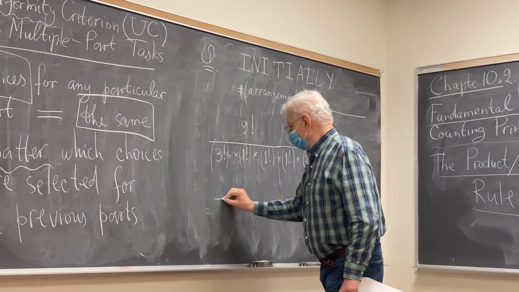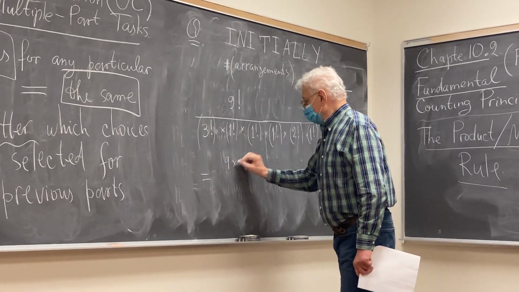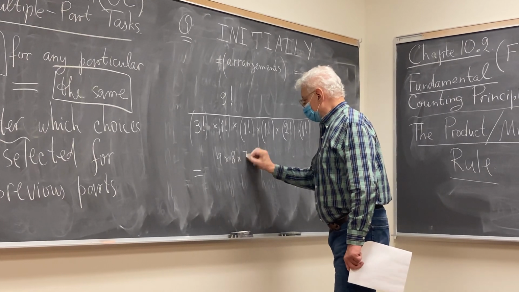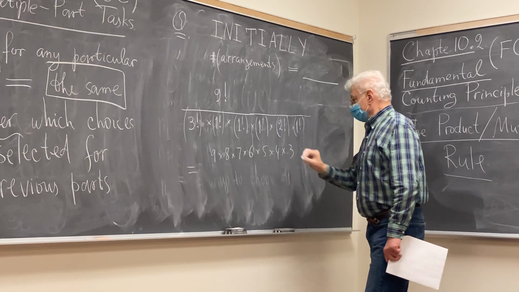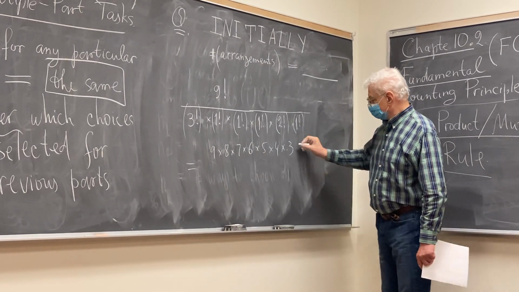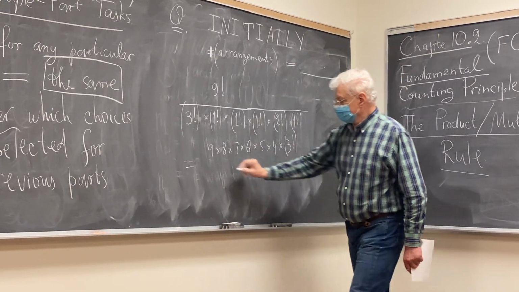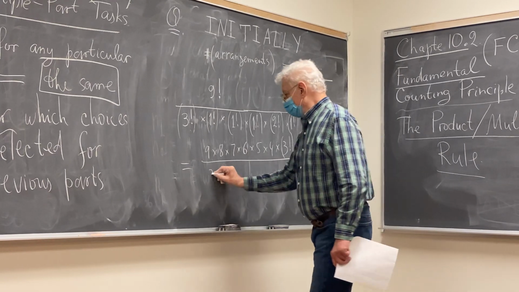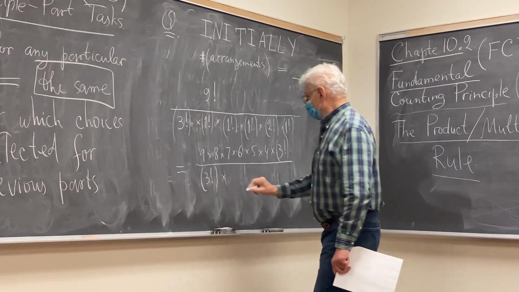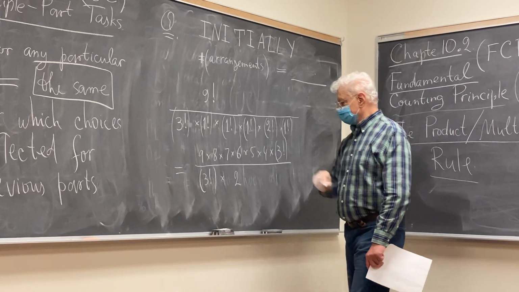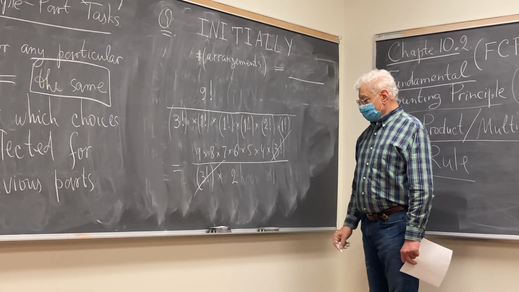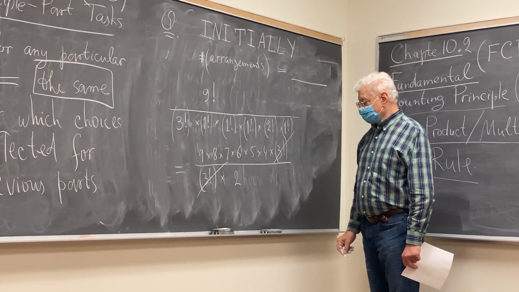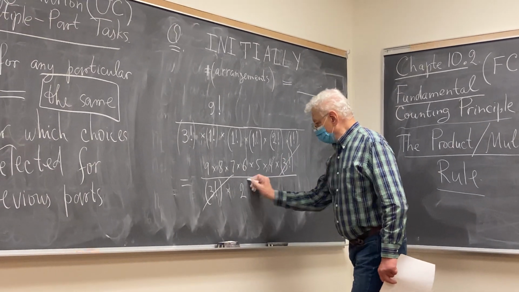And so what do we have? You have 9 times 8, 7, 6, 5, 4, and then you see 3 factorial here, so just write again 3 factorial, divided by 3 factorial times 2 factorial, which is just 2. 3 factorial and 3 factorial cancel out. And 4 and 2 cancel out.